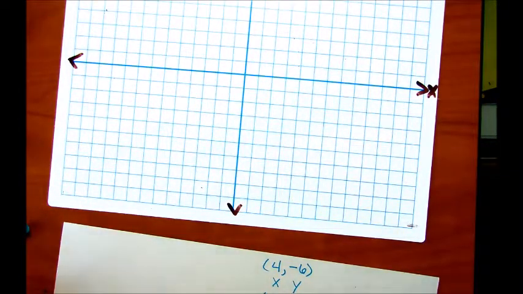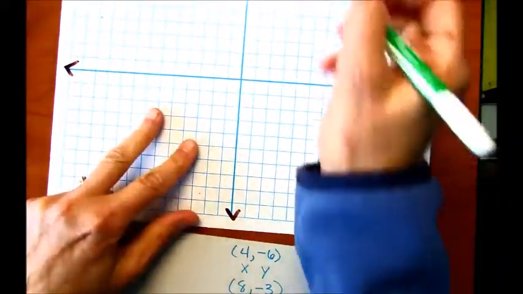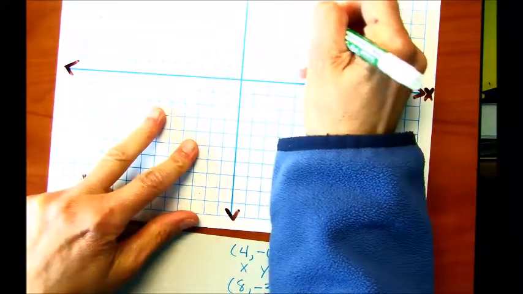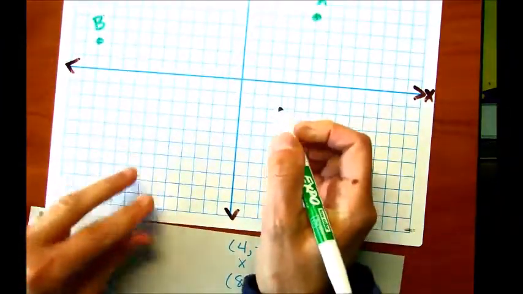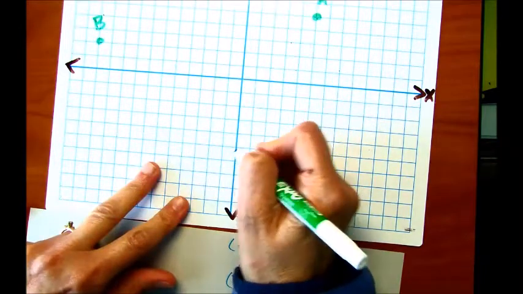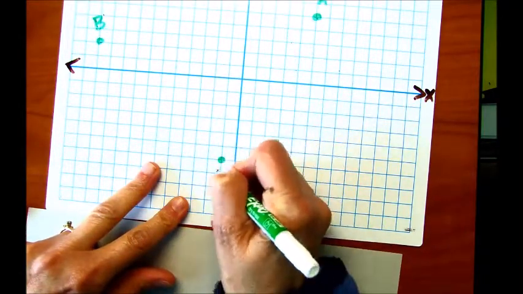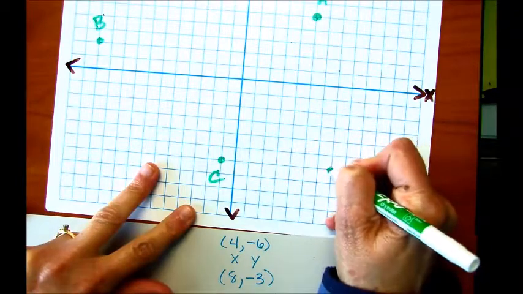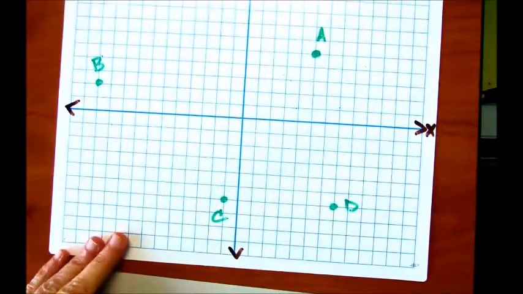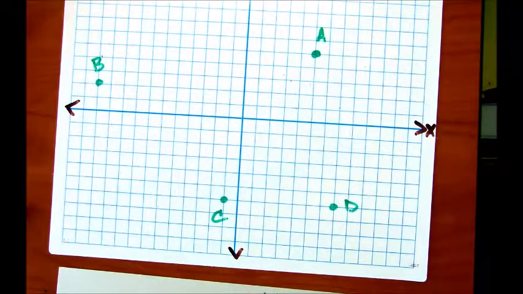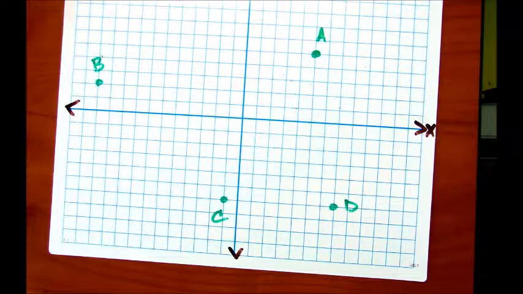Okay, I'm going to go ahead and color or make some dots. And I'll label them A, B, and C, and D. So go ahead and take a minute or pause the video, and then when you're ready, go ahead and start up again.